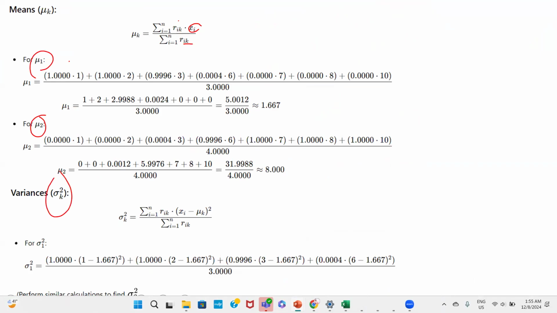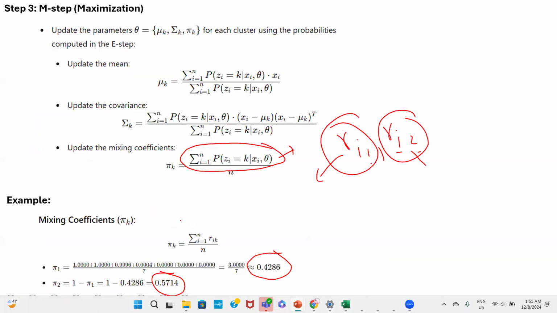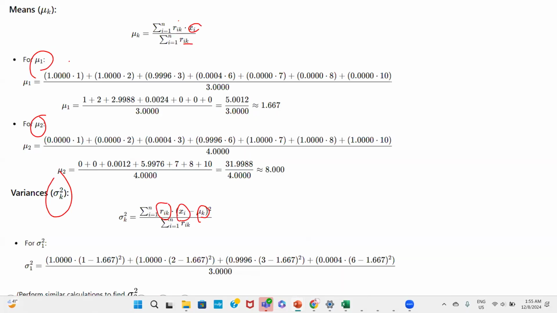Similarly, the updated variances for cluster 1 and cluster 2 are the responsibility multiplied by xi minus the mean. What is the mean calculated for them? The mean calculated for the updated cluster is 1.6667, right? Subtract that mean from every point that we have.